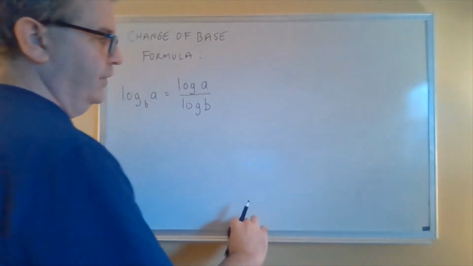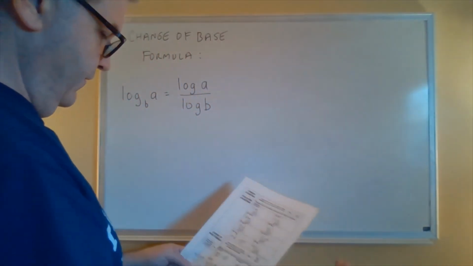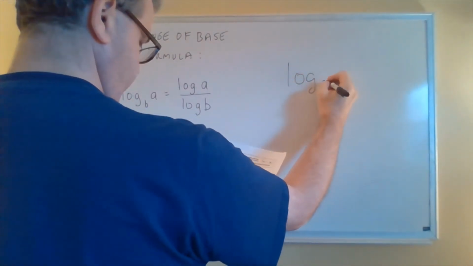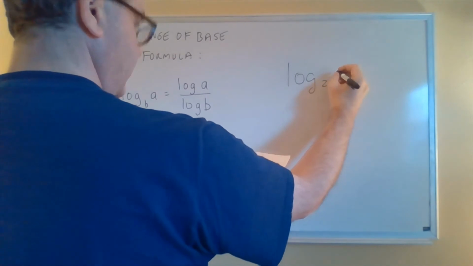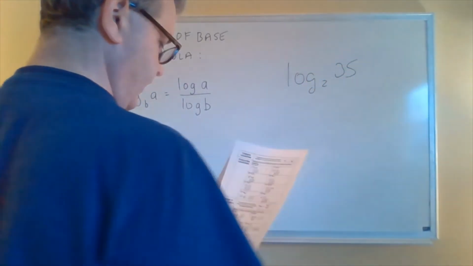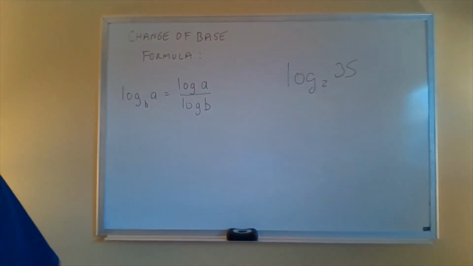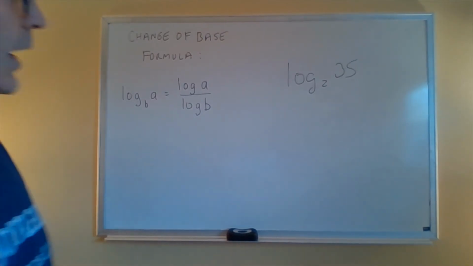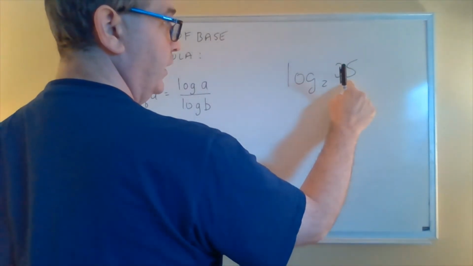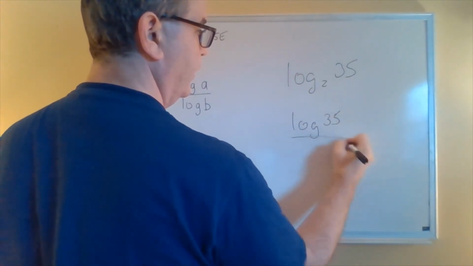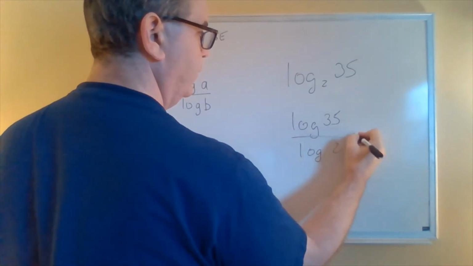All right, one final example. What if I have log base 2 of 35? So this is my b, 2, and this is my a, 35. So I would have the log of 35 over the log of 2.